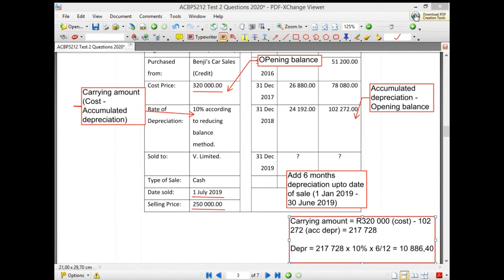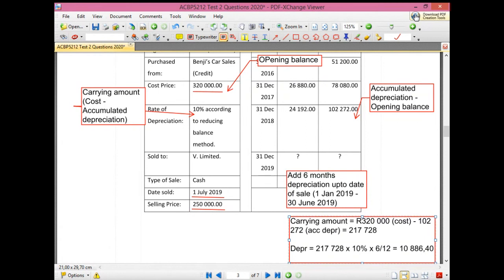Okay, so you're still okay with where we're at now. Now, what is the next thing we need to disclose for your asset disposal account to work out the profit? How do we work out the profit again? So we know what the carrying amount is of the vehicle.